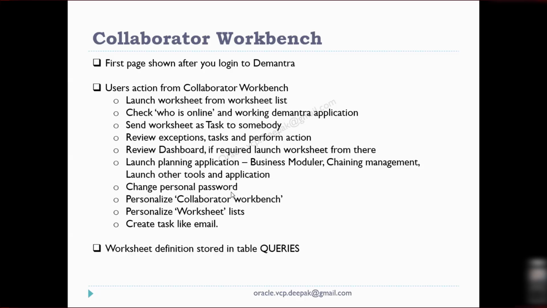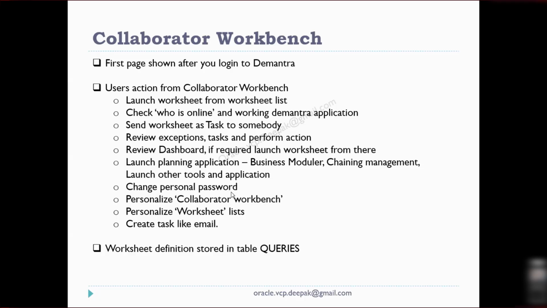You can personalize your collaborator workbench. That means I want to see only five worksheets which I want to see, or I don't want to see who is online. And then you can create a task as email.